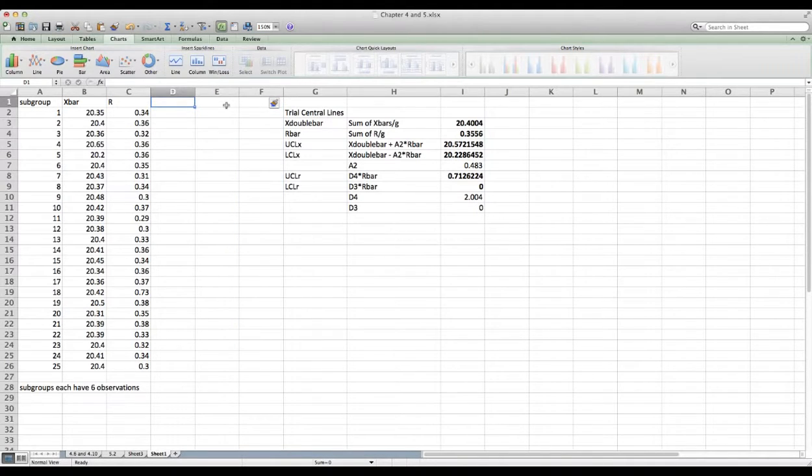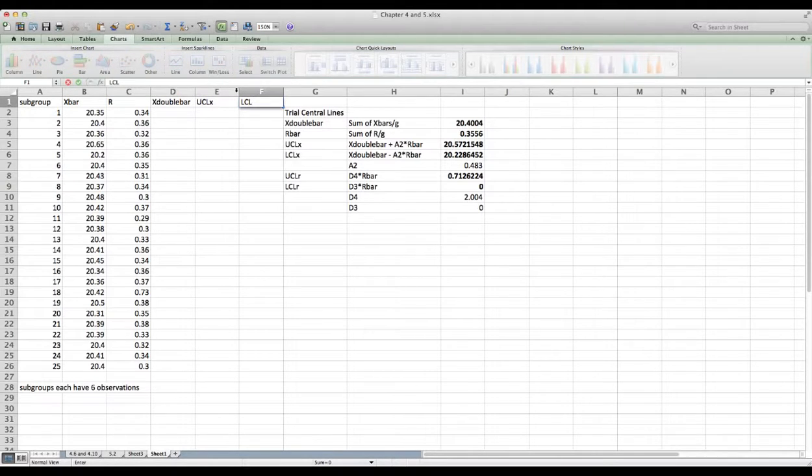What I'm going to do is create new columns where I can put all of these values that we just calculated. X double bar, let's put the control limits for that X chart.